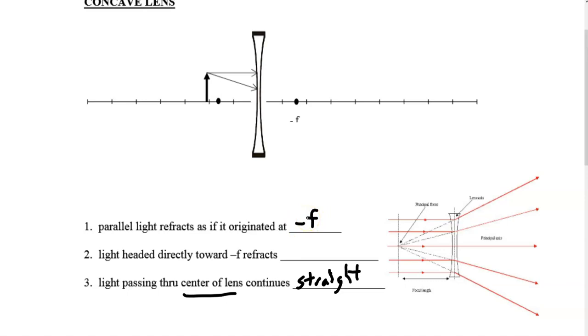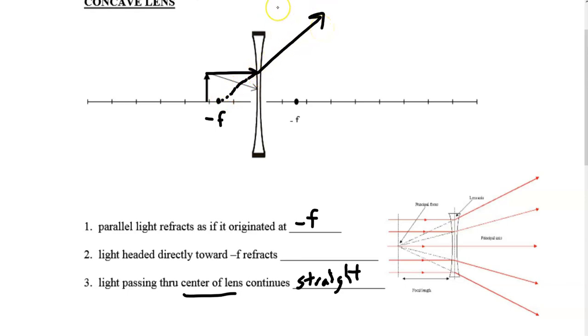I have to be careful here, these are both negative f's. So if I have a ray coming in parallel, which I've drawn here already, it refracts. We know it's going to diverge in this general direction, as if it came from this point. So I'm going to refract it up like that.